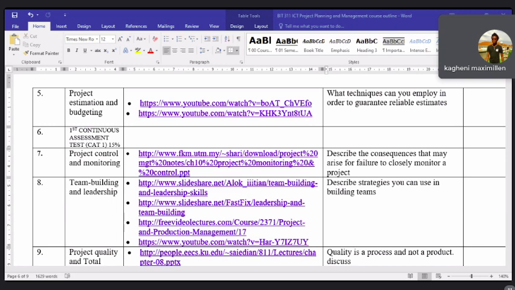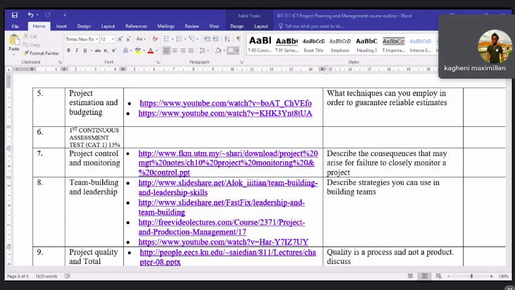You manage a project, but you don't supervise. Failure to closely monitor a project has serious consequences. So we shall look at how to control and monitor.